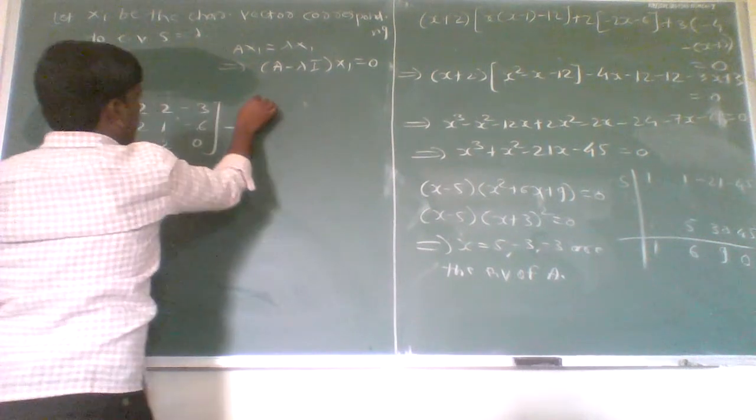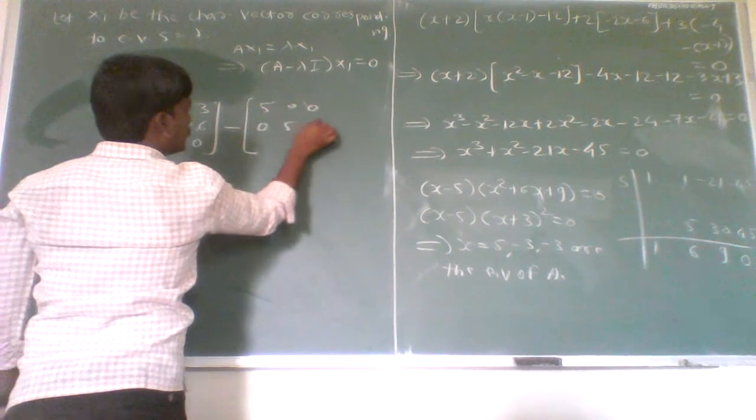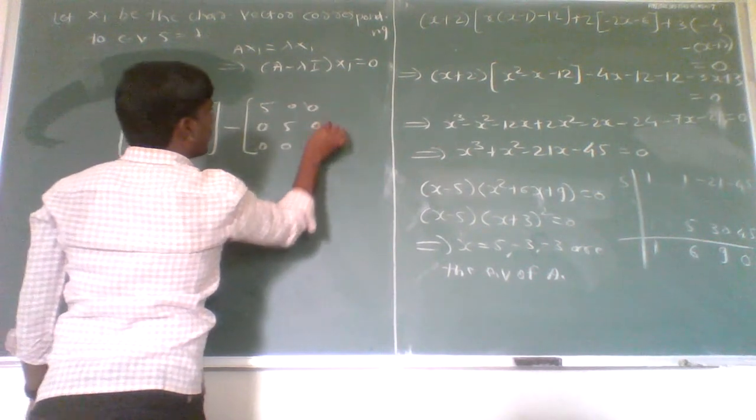Lambda is here 5. The matrix is 5, 0, 0, 0, 5, 0, 0, 0, 5.